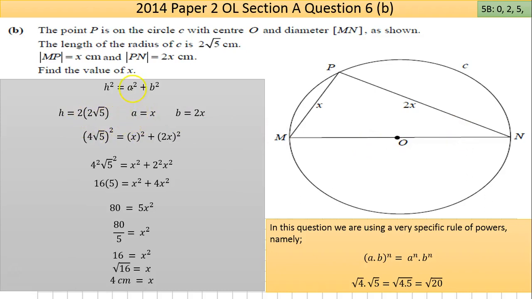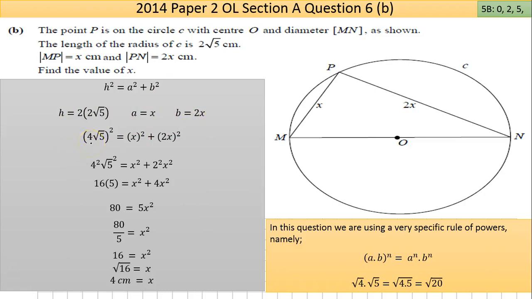Now my A value for Pythagoras' theorem is x, so it's not a number, I'm going to be working here in general terms. The value of B is 2x. When I substitute the 3 values for H, A, and B, I'm going to be left with one unknown. An equation of one unknown is solvable, and that's what the final step will be.